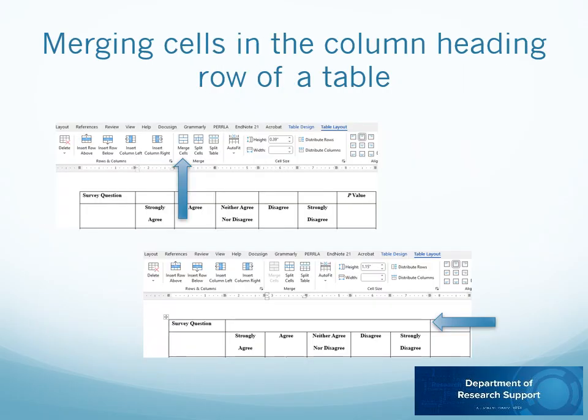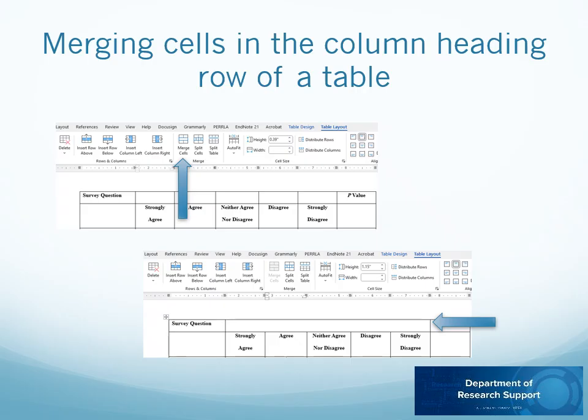Once those cells are selected, go to the Table Layout tab in Word and choose Merge Cells. Make sure the new merged cell has center formatting and then add your N and percent label. You can also access this option by selecting the cells you want to merge, right-clicking, and then choosing Merge Cells in the pop-up box that appears.